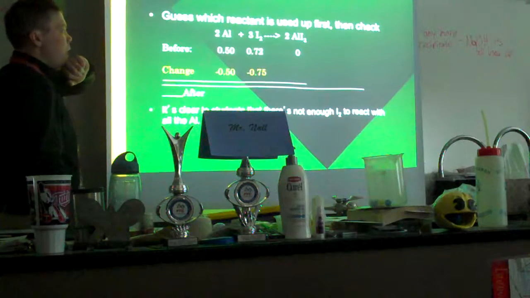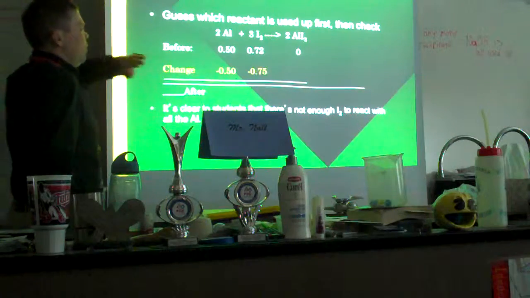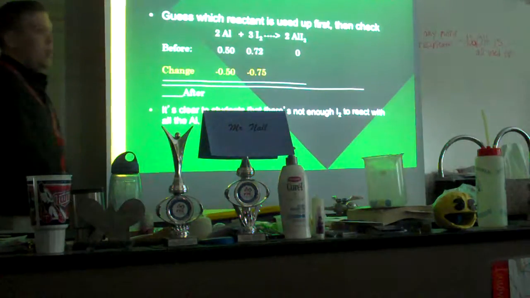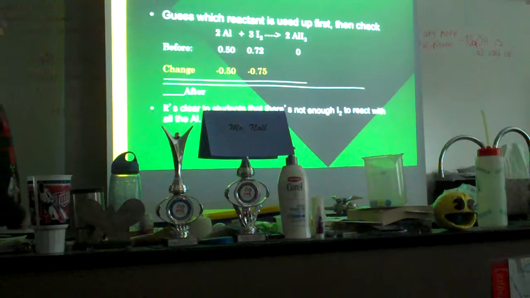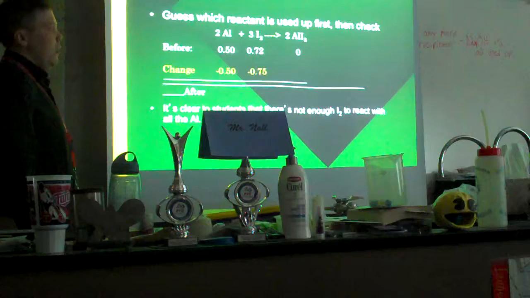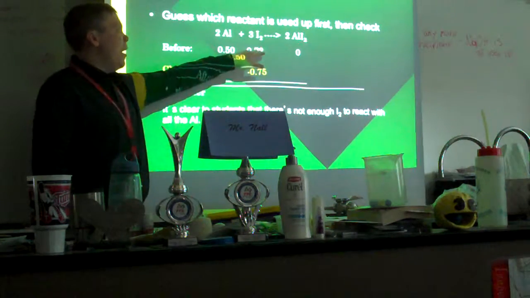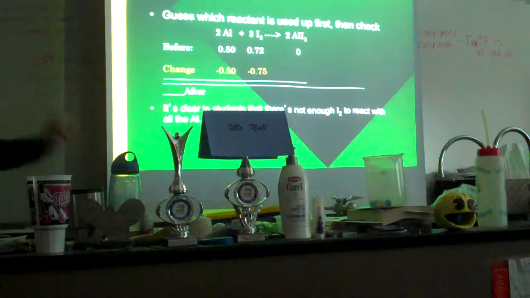Well, as you can see, we've got more here than what we can react, and we can't have such a thing as a negative amount of a reactant. So that means iodine must be the limiting reactant, because there's not enough iodine here. We cannot use 0.75 when we only have 0.72.